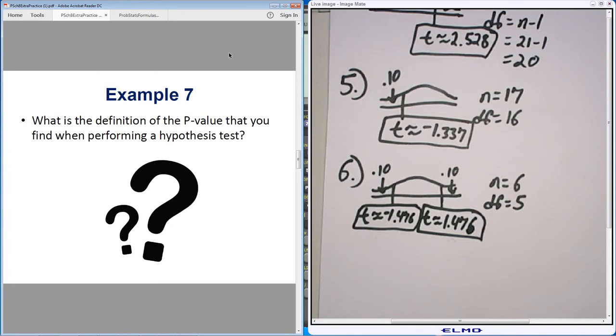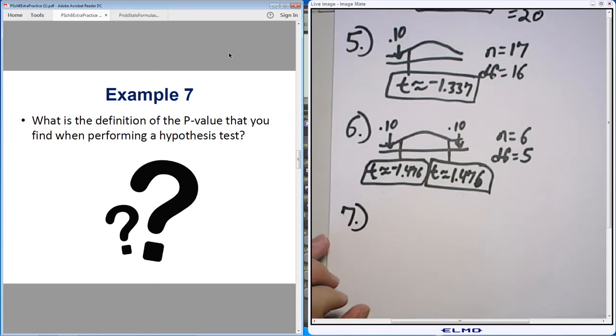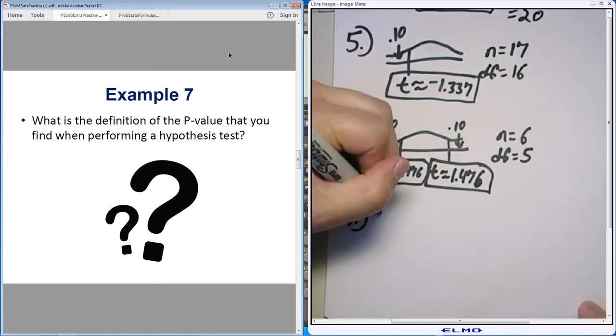Now for number 7. Number 7 says, what's the definition of the p-value that you find when you perform a hypothesis test? All right, the p-value, uppercase P is the symbol.